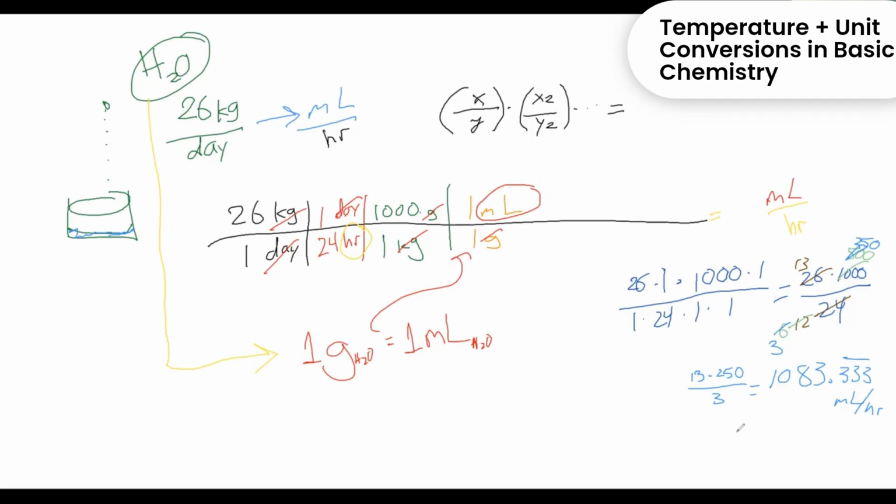So technically, this would be what I would call approximately, can you take a guess? 2 sig figs? 1,100 milliliters per hour. All right, well, you can go back and look at that masterpiece some other time.